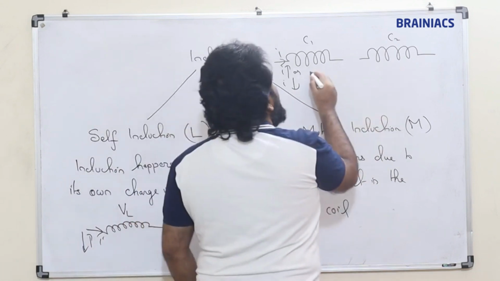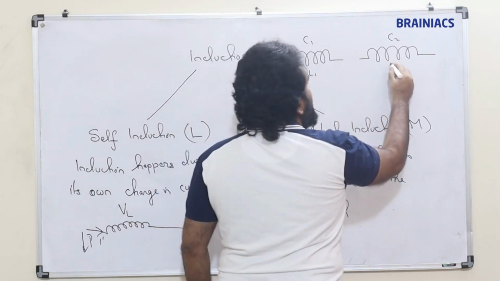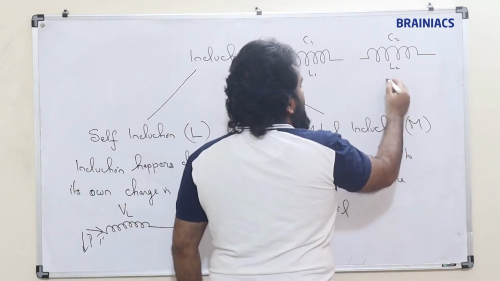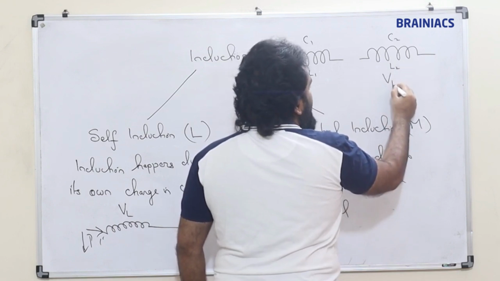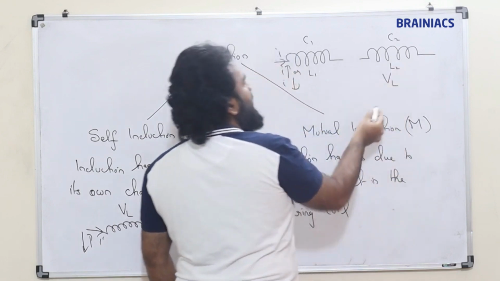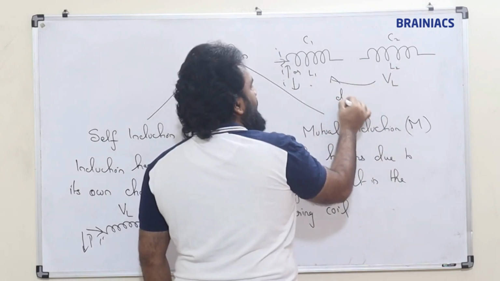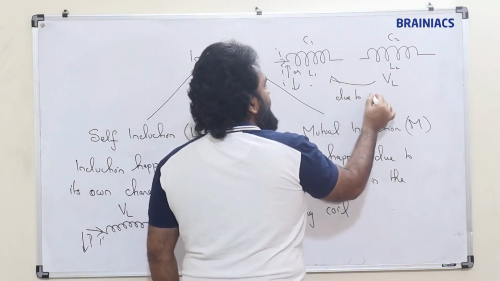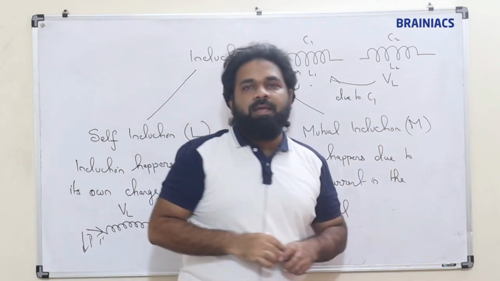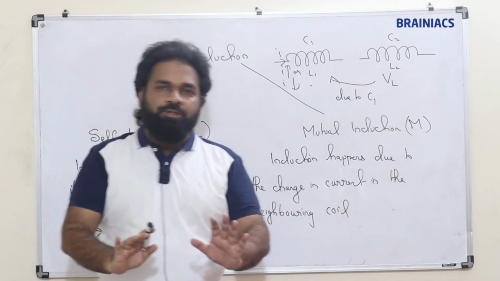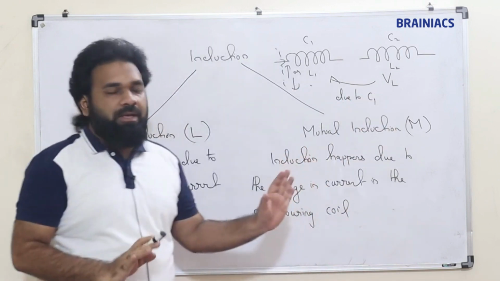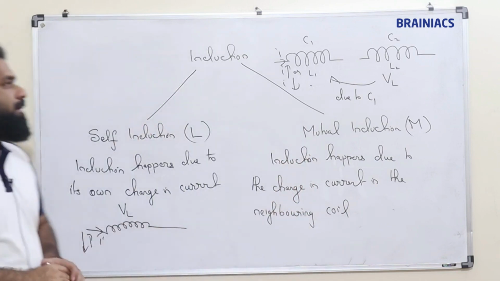Suppose this is inductor 1 and this is inductor 2, then this will develop an induced EMF due to whom? Due to coil 1. That is what is mutual induction. Just an introduction. We will discuss the concepts in detail. Clear? Please note it down.